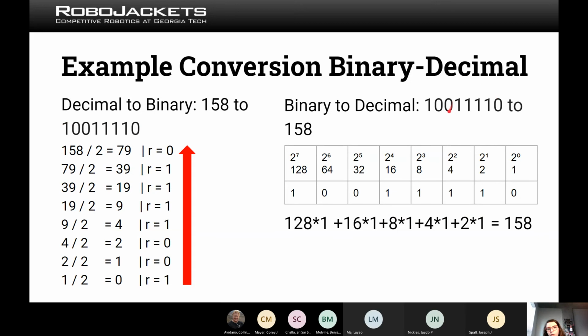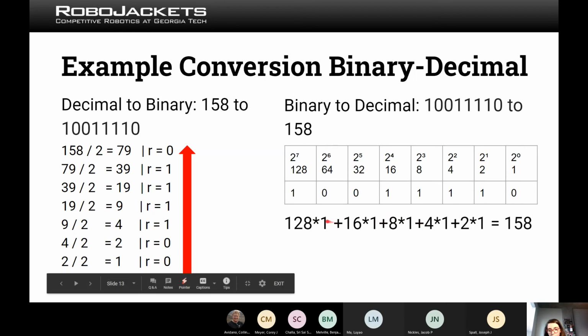And now to go from binary to decimal, if you have your binary number, you can see this little table that has powers of 2. 2 to the power 0 is 1, etc. To get to that number, you just plug in your binary and add those up.